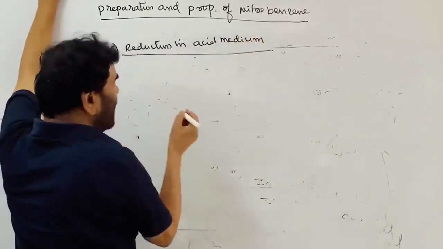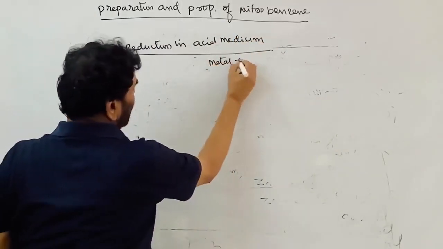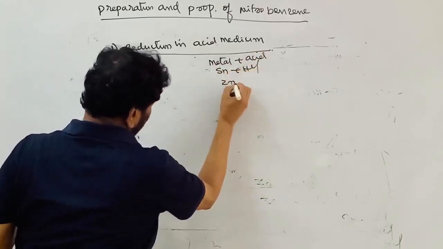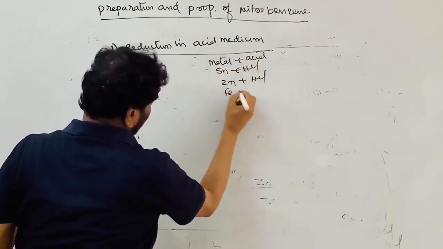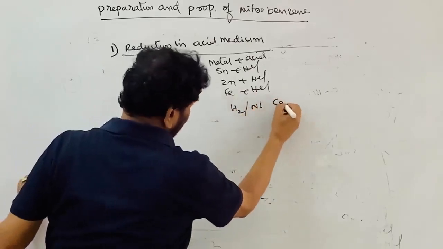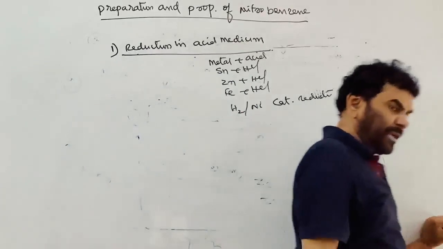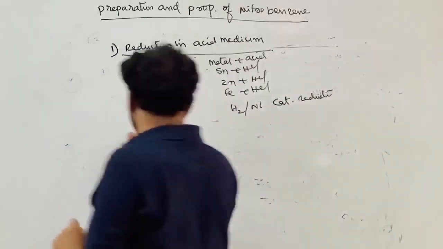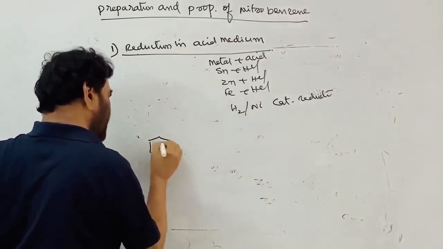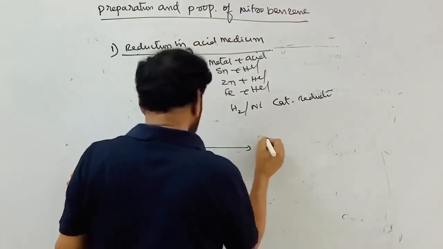Here we use metal plus acid: Sn plus HCl, Zn plus HCl, Fe plus HCl. Or catalytic reduction. In all these cases, nitrobenzene is converted to aniline.